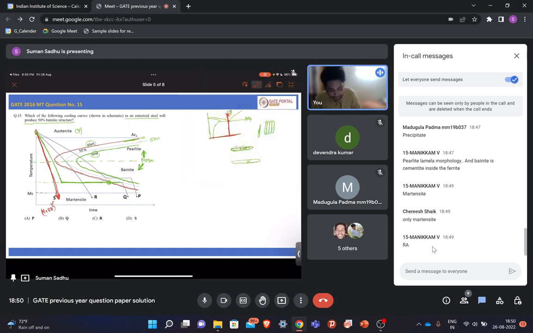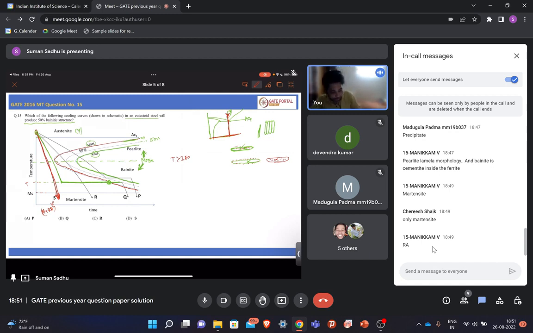Depending on this temperature, the morphology might be different. If this temperature is above 350, then you will get precipitation at the boundary of this alpha, that is upper bainite. And if this is below 350, then you will get lower bainite, where the precipitation will be inside this supersaturated alpha only, right?